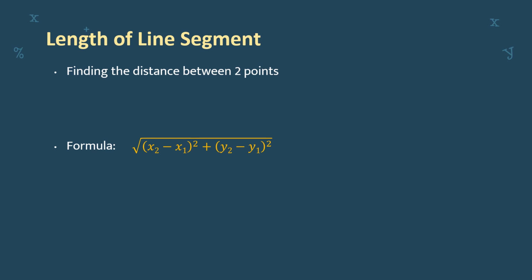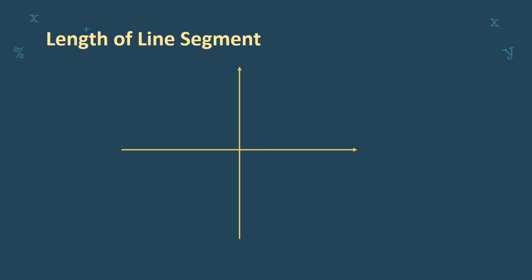So let's look at a graphical method again. Let's say we have a line that is a positive gradient, so it's upward sloping. Okay, this line has 2 points.